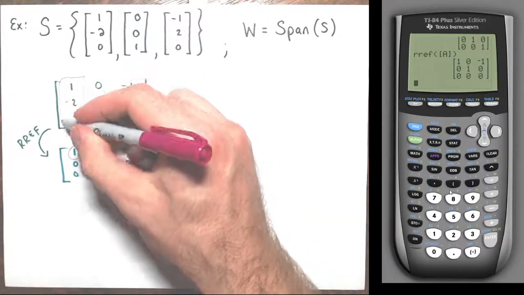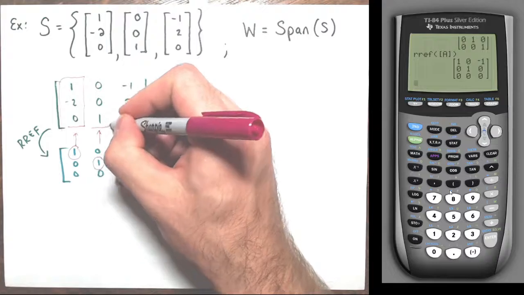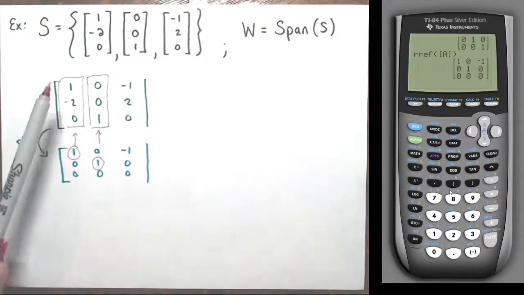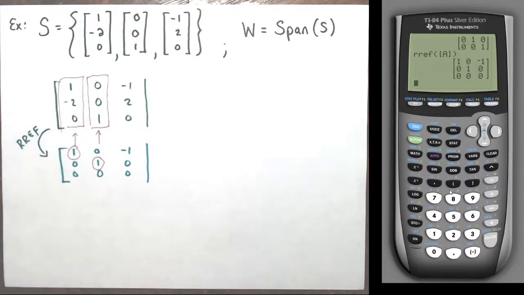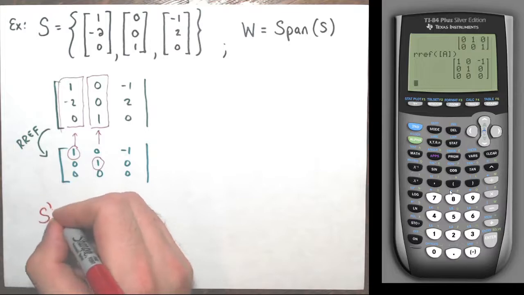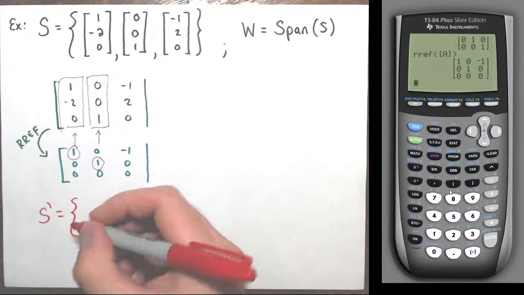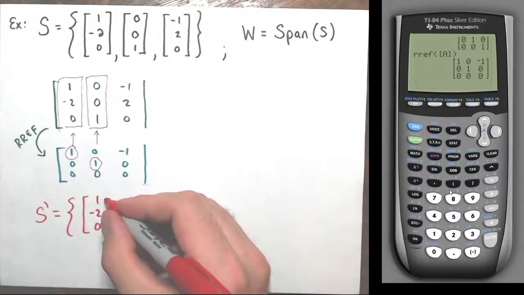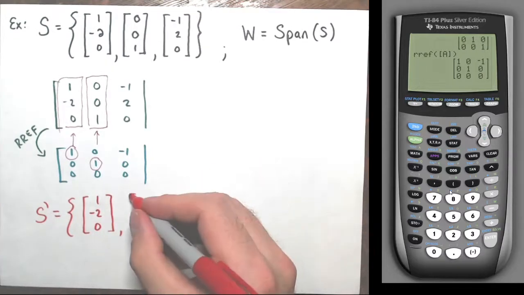These two vectors, corresponding to the pivot columns, the 1, negative 2, 0 and 0, 0, 1, form a linearly independent set that would also span W, right? So I'll call this S prime, which is just the set of 1, negative 2, 0, and 0, 0, 1.